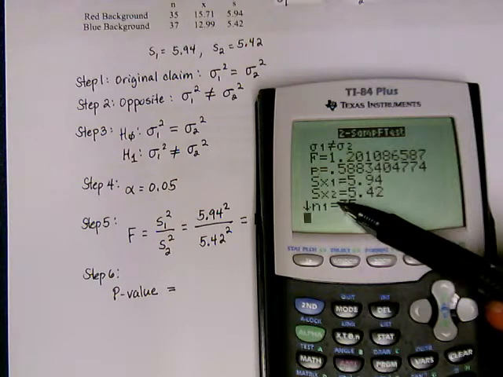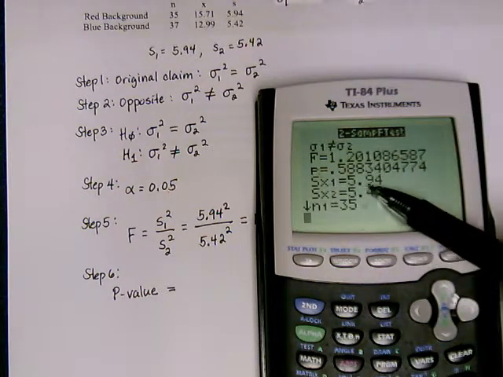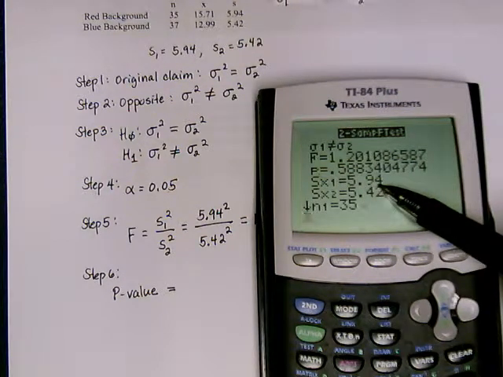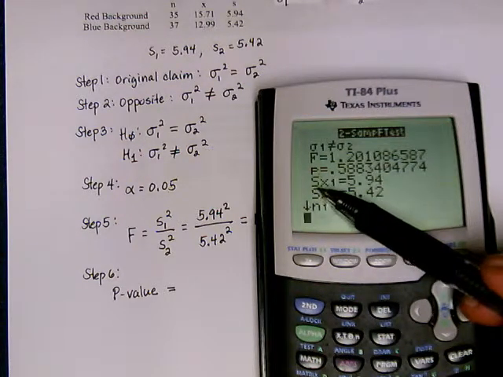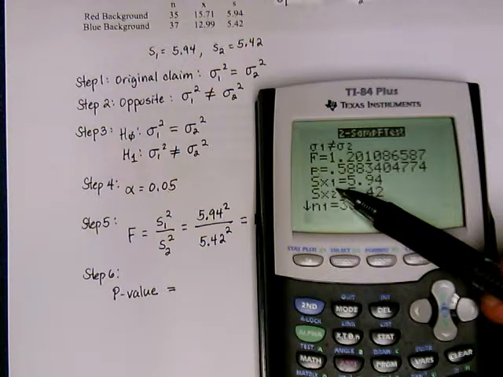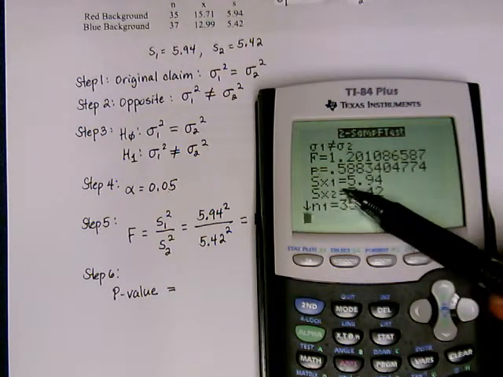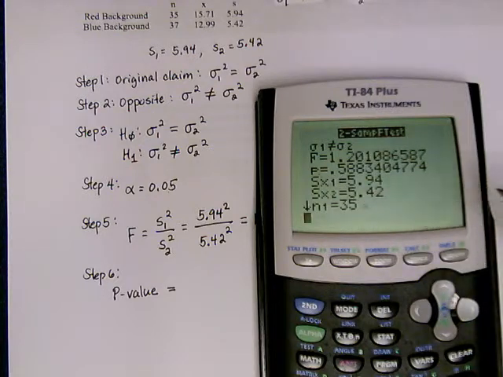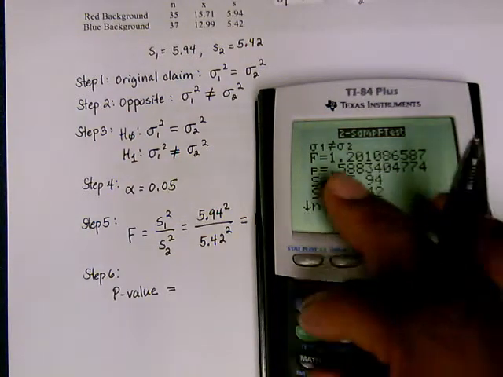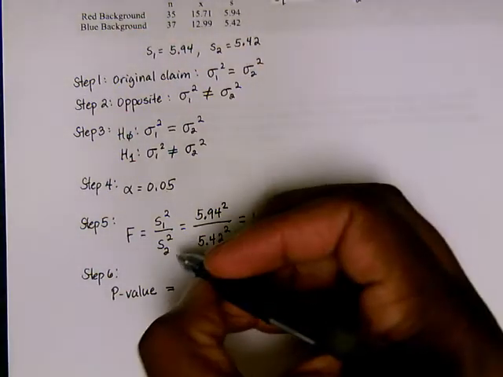I also need to mention that it picked the 5.94 as the larger of the 2 standard deviations, and it became S1. Okay, so now that p-value is 0.588.